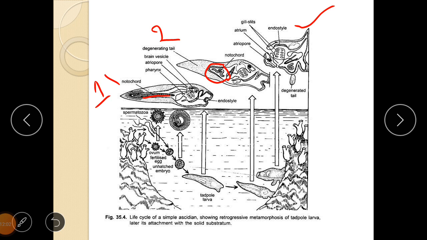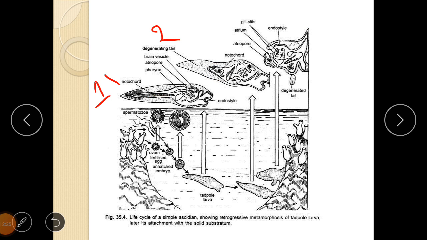The larva loses its notochord structure. That's why we call it retrogressive, because a chordate should have a notochord and it should develop as a backbone, right? But here they have a notochord in the larva, but in the adult there is no notochord, right?